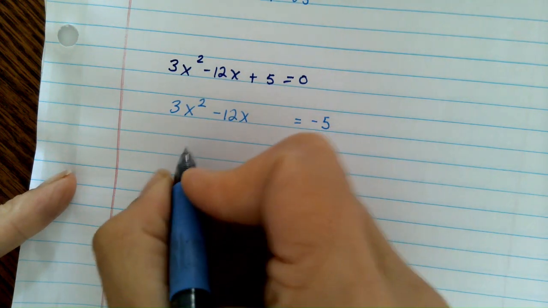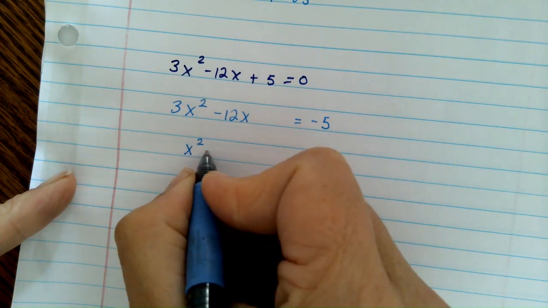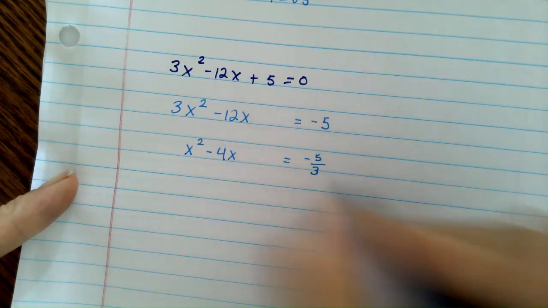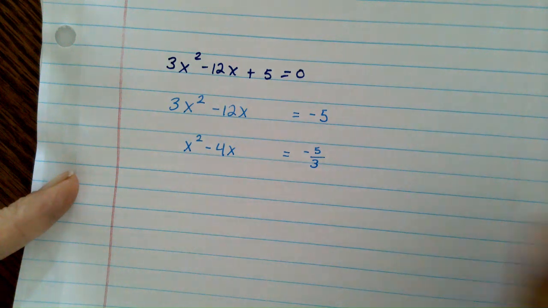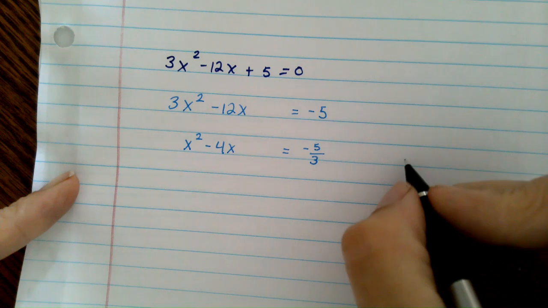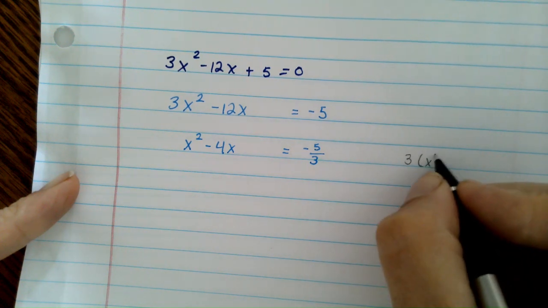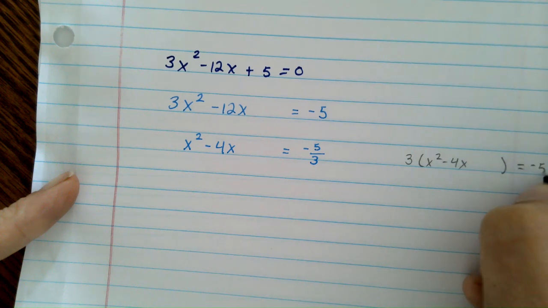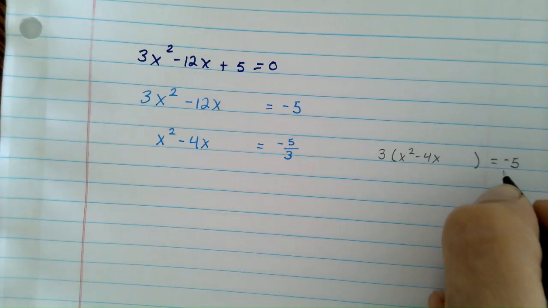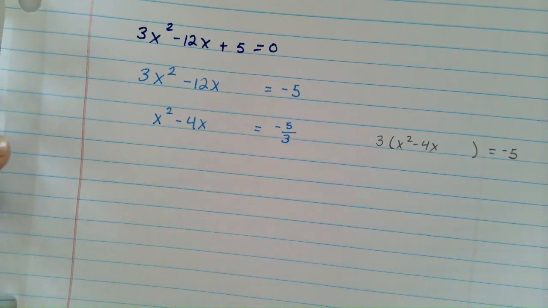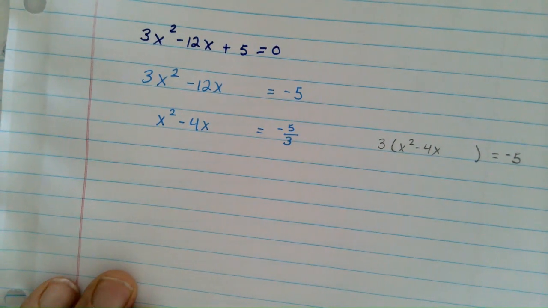Then I want my lead coefficient to be 1. So see how I divided everything by 3? A lot of textbooks instead are just going to write this, and they're going to factor it instead. And I'll explain how that makes a difference in just a second. And then you can choose which way you like better.